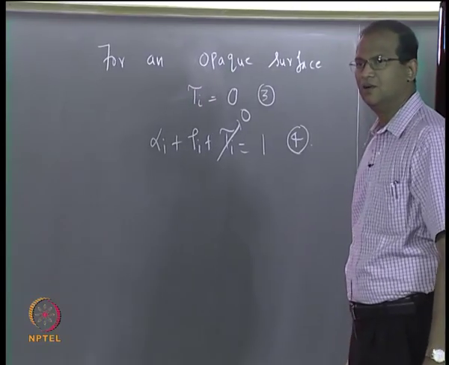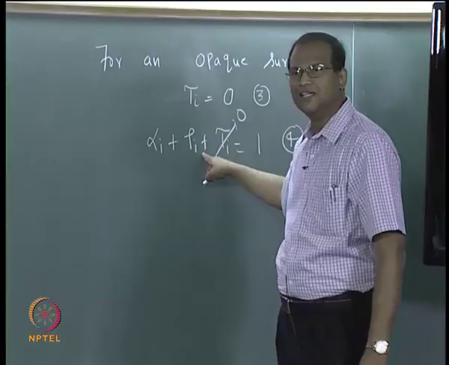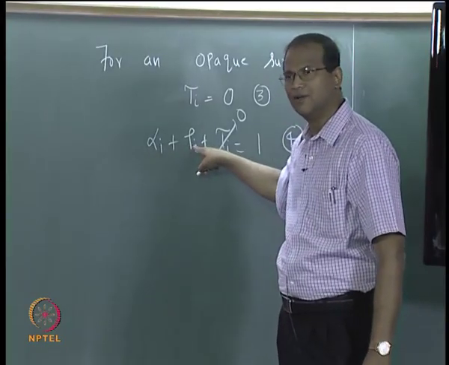The transmissivity is 0, therefore alpha plus rho is 1. This is the fate of the incident radiation. The incident radiation could be absorbed, it could be reflected, or it could be transmitted.